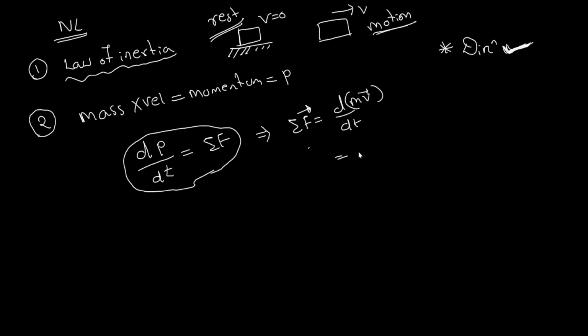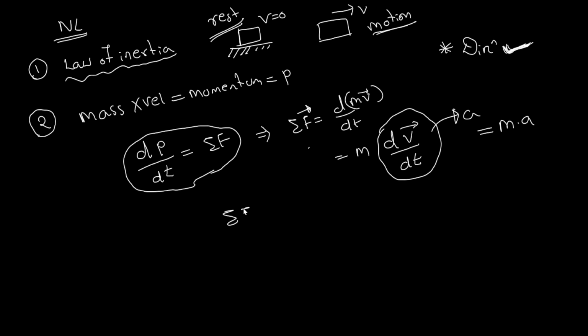Mass is constant for any object, so I take it out of the derivative, and it becomes the derivative of the velocity vector with respect to time. This is nothing but acceleration. So the formula comes out to mass into acceleration. In general, net force is equal to mass into acceleration. This is the formula we have been using from our childhood. But the actual statement says the rate of change of momentum gives you the external force. Whatever force you apply on an object, you can calculate it, and its value will be mass into acceleration.